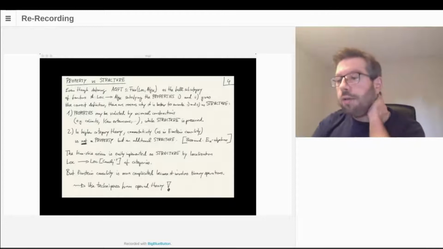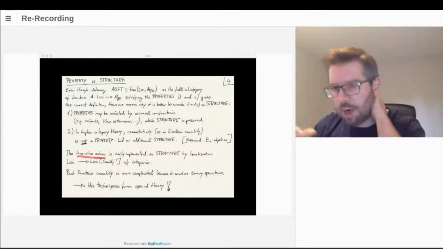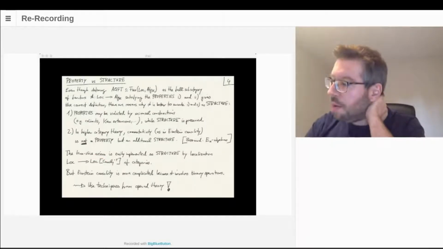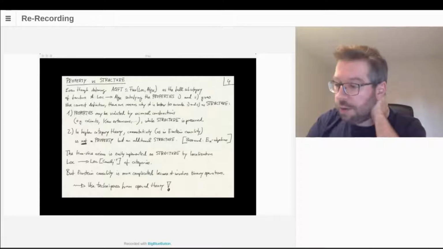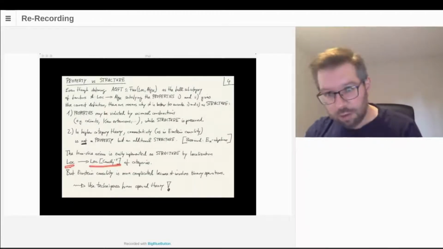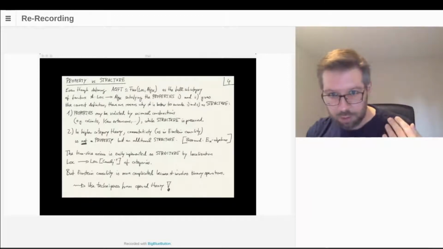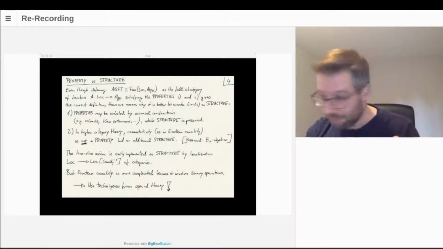Now, how to do that for the time slice axiom is relatively easy. You can implement the time slice axiom into the structure by localizing your category of spacetimes at all Cauchy morphisms. Localization of a category means that you add formal inverses for the Cauchy morphisms in a universal way.